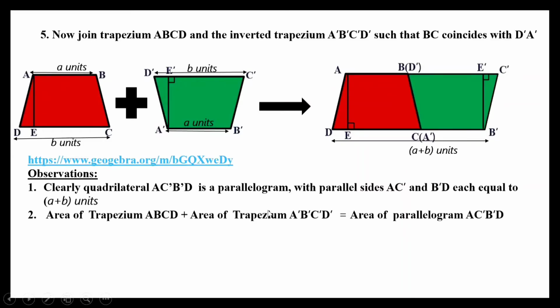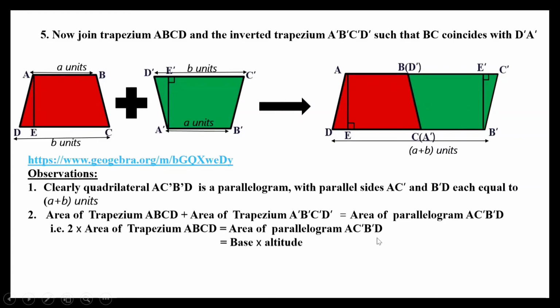Area of ABCD plus area of A dash, B dash, C dash, D dash is equal to the area of the parallelogram A, C dash, B dash, D. Now these two were identical trapeziums, so their areas will be equal. So I can write twice the area of ABCD is equal to the area of the parallelogram A C dash B dash D. Now what is the area of the parallelogram? It is equal to the base into the height.